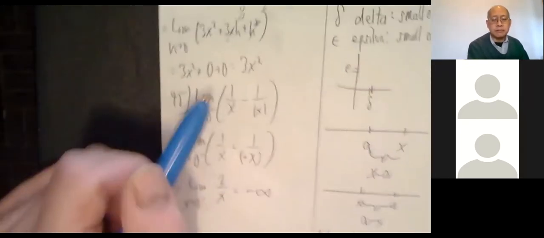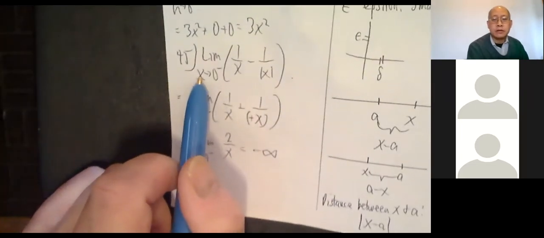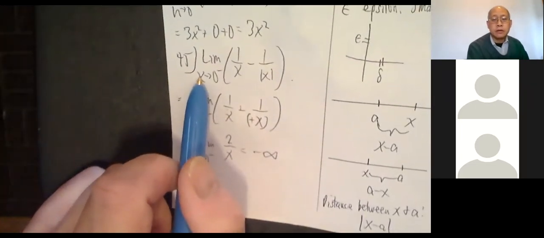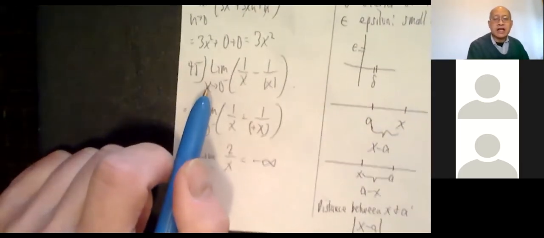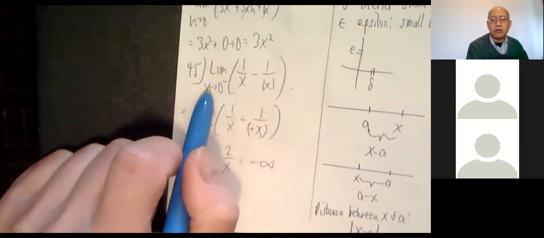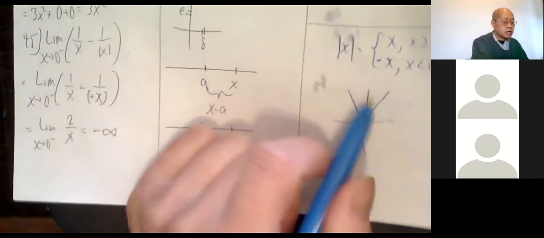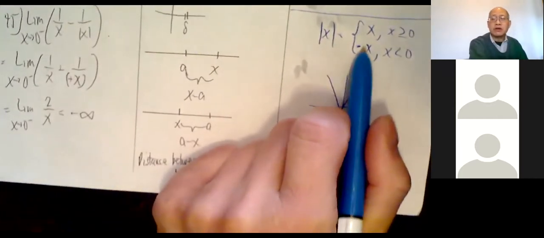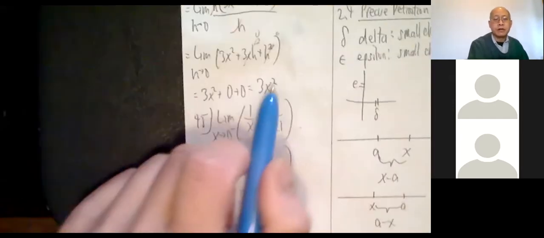So back to here, x approaches 0 only from the left. That means I'm only considering this case, correct? I'm only plugging in negative 0.1, negative 0.01, negative 0.001, negative 0.0001, and so on. So I can replace absolute value of x with negative x because I'm only plugging in negative numbers.